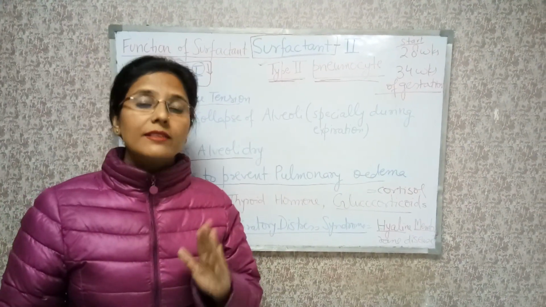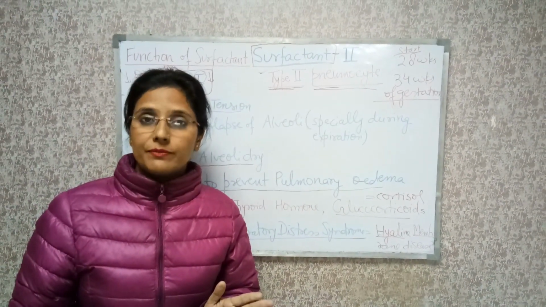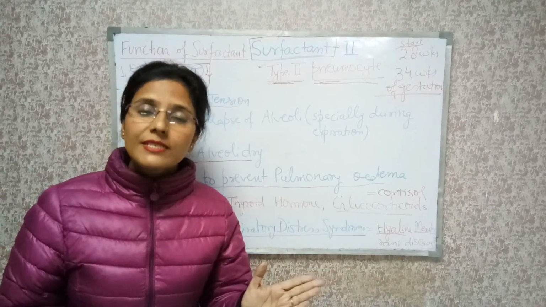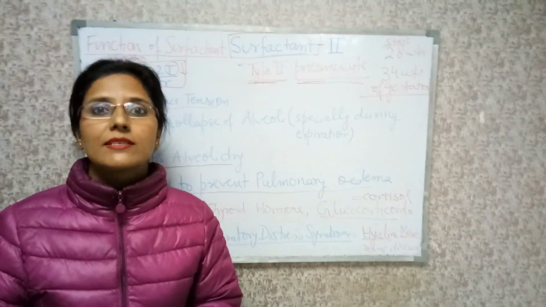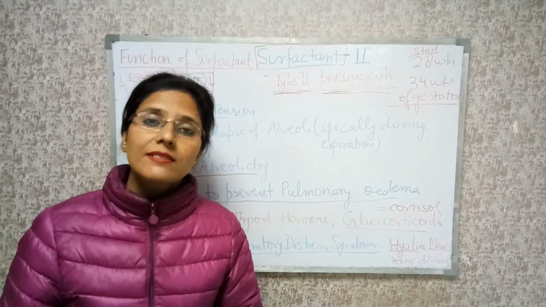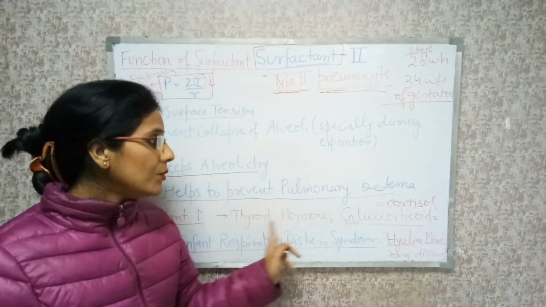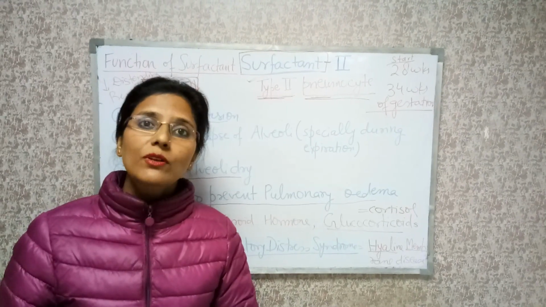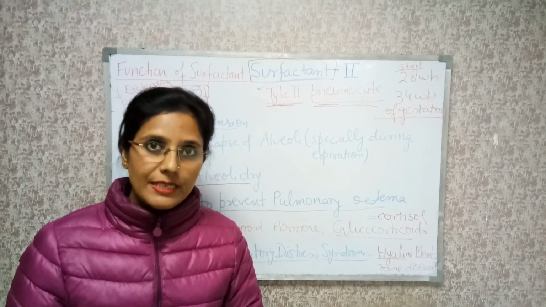But I am not saying that cesarean delivery is bad compared to normal, because there are always risks and benefits of normal as well as cesarean delivery. We will discuss that in other videos. So thyroid hormone and glucocorticoid are helpful for maturation of the surfactant.